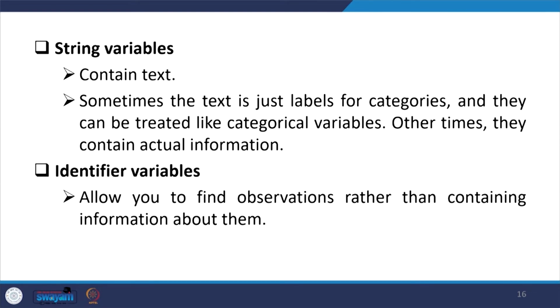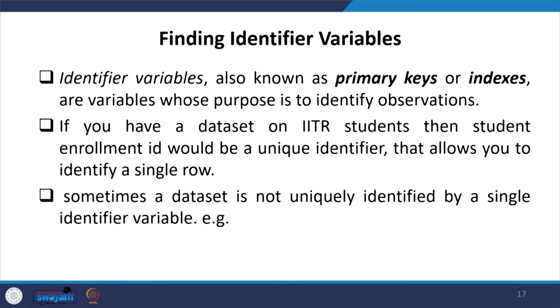String variables, we have already said, may contain a mix of things, characters with numbers, some identifiers. They can be treated like categorical variables as well. Identifier variables I have already explained. This simply allows you to find an observation rather than containing information about it. Identifier variables may be our primary keys or indexes.